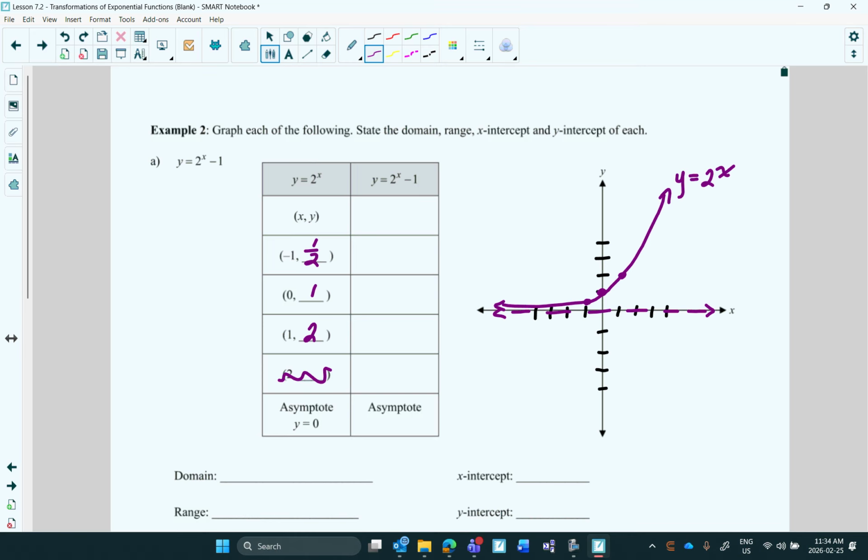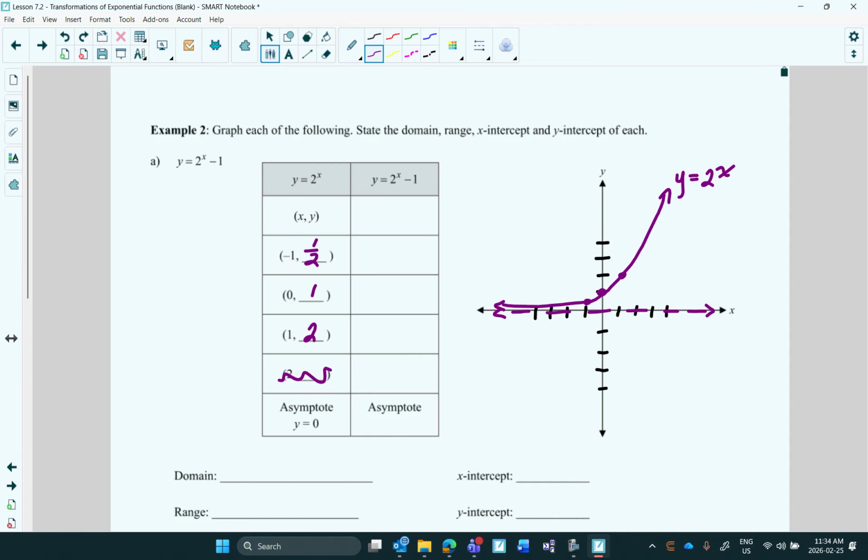Now you can do this one of 2 ways. And I've talked about this since the beginning of the year. You can either do mapping notation, get your new coordinates and plot them, or you could do it right off the grid if you wanted to. Like, doesn't this mean take this thing and shift everything 1 down? So we don't necessarily have to do mapping notation.